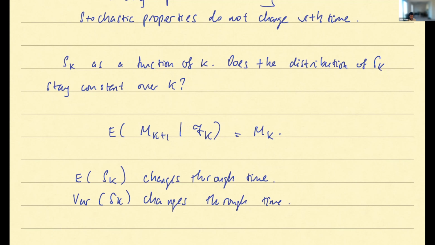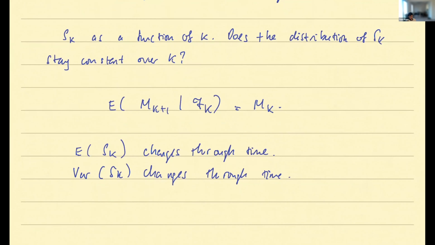The reason is very simple, and actually it's an empirical fact. The higher the stock price, the higher S_k, the wider the fluctuation. You can observe this.